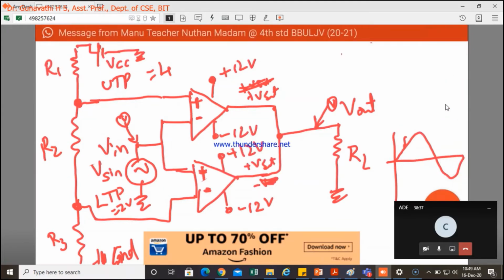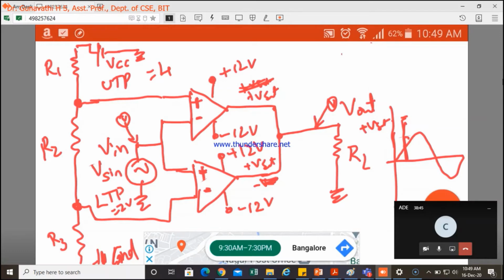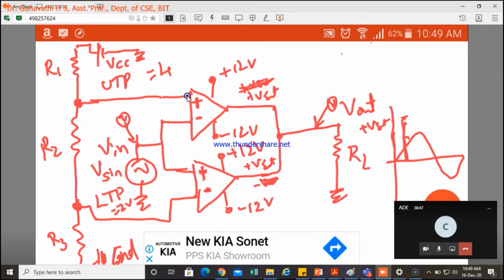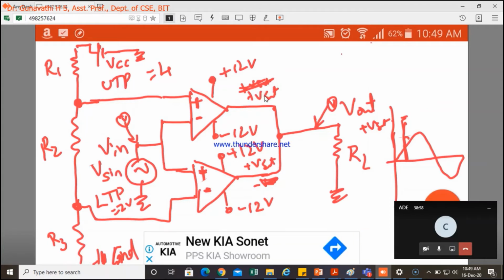So here we get plus Vsat. How long is it plus Vsat? Till this voltage only, because once the input exceeds this 4 volts, it will force our output to minus Vsat across the first comparator. But the second comparator will retain positive.